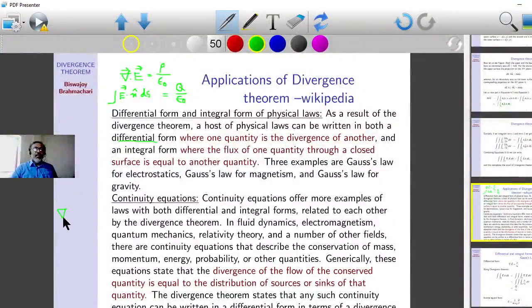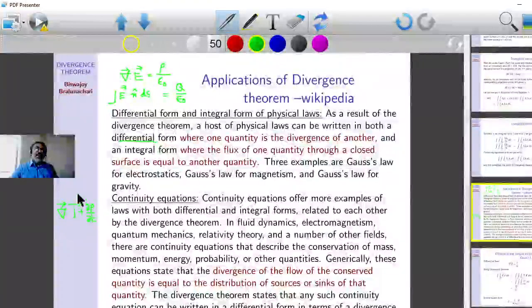Look at current. Then divergence of J, divergence of the current, plus time rate of change of charge density, then the net flow of electric charge from that region to another region.